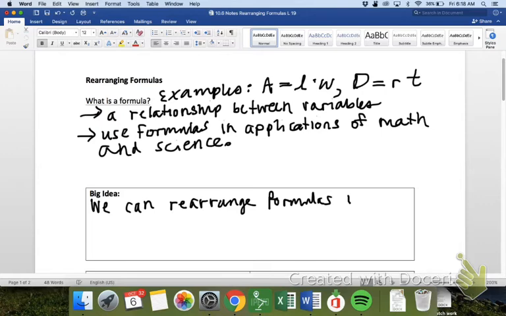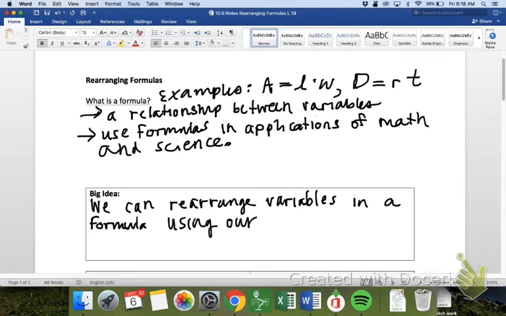Oh, actually, I meant to say we can rearrange variables in a formula using our same equation solving techniques.